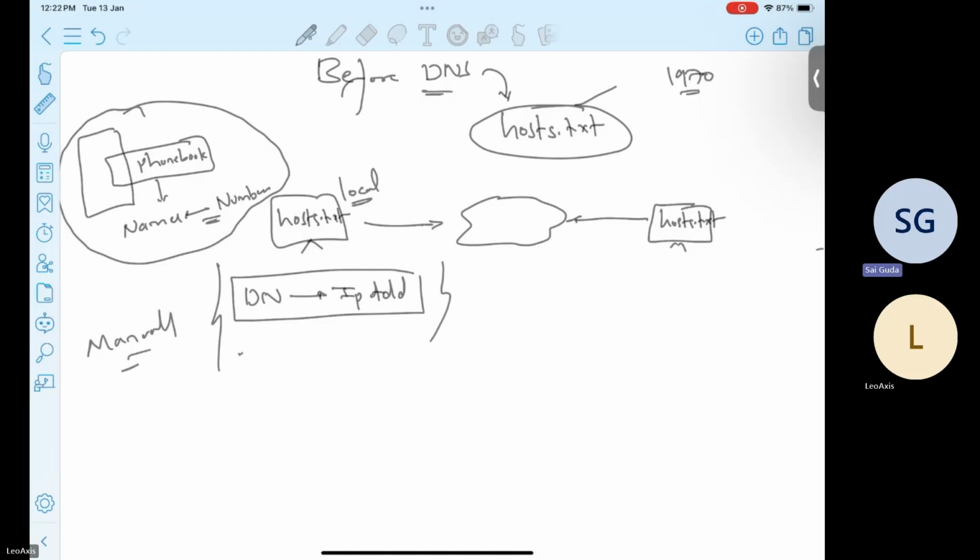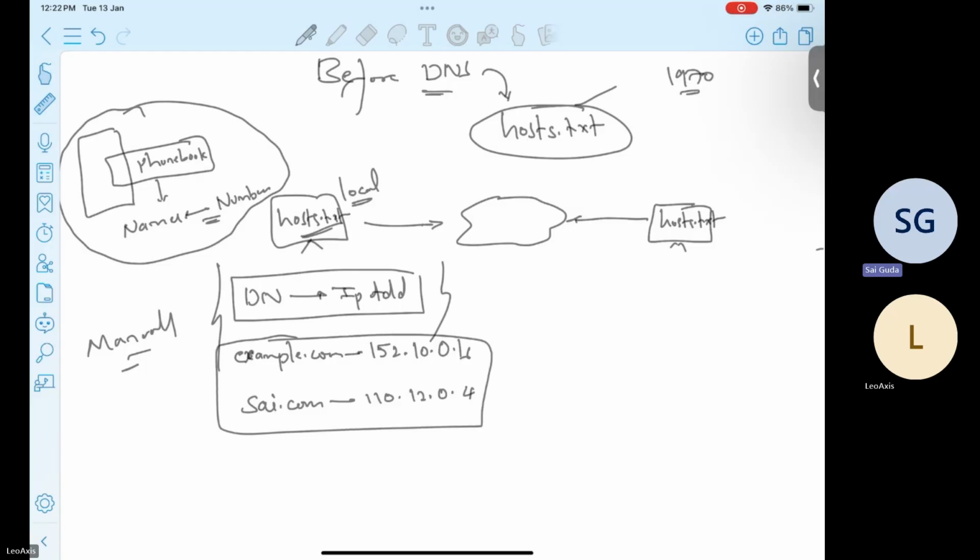For example, a website called example.com is pointing to the respective IP address like 152.10.0.16. Or hi.com, which is one more website, is mapping to 110.12.0.4. Likewise, this host.txt file contains all the websites with their respective IP addresses.